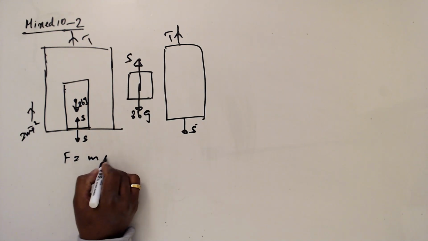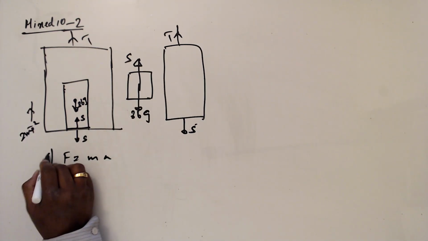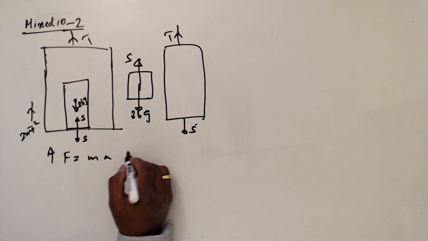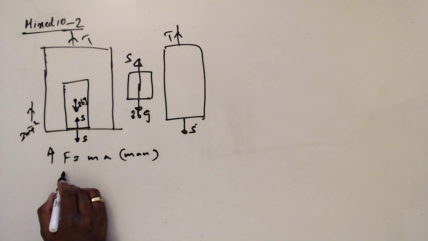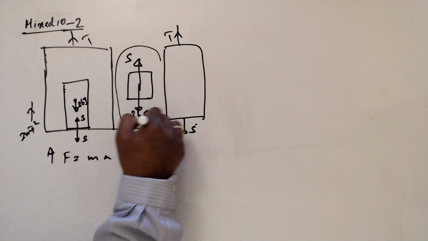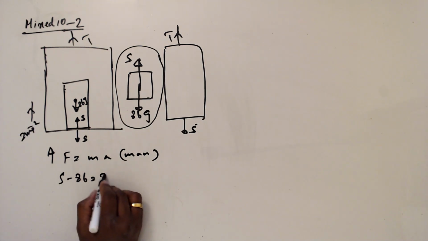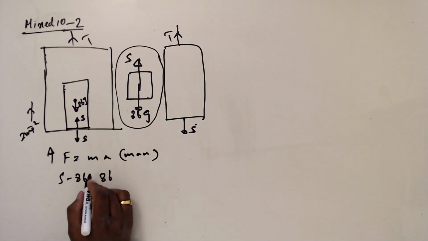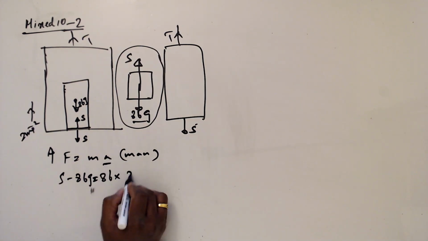F equal ma. So we have to consider the man upward, this system. S minus 86 g equal m, which is 86 times a, which is 2.